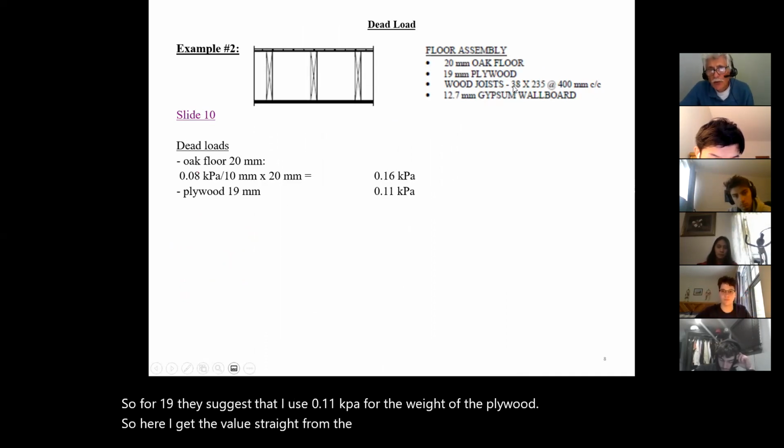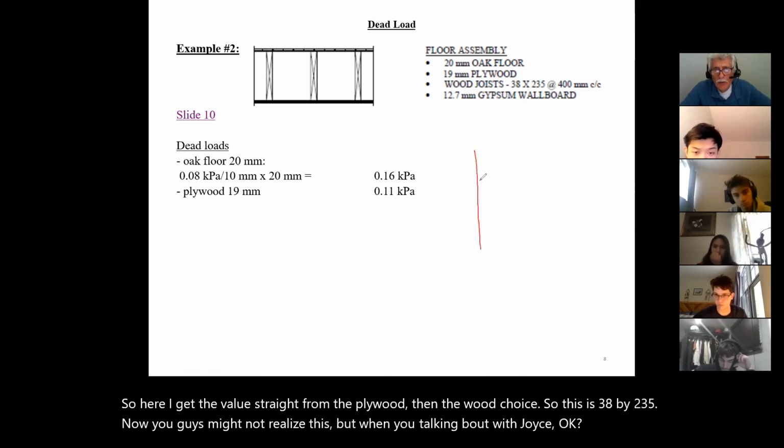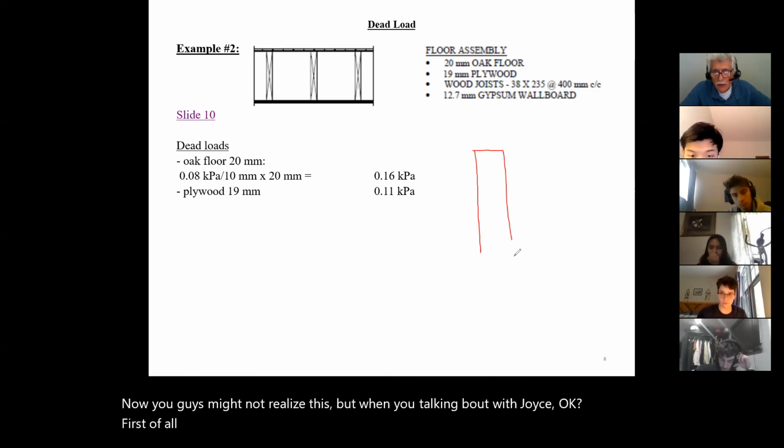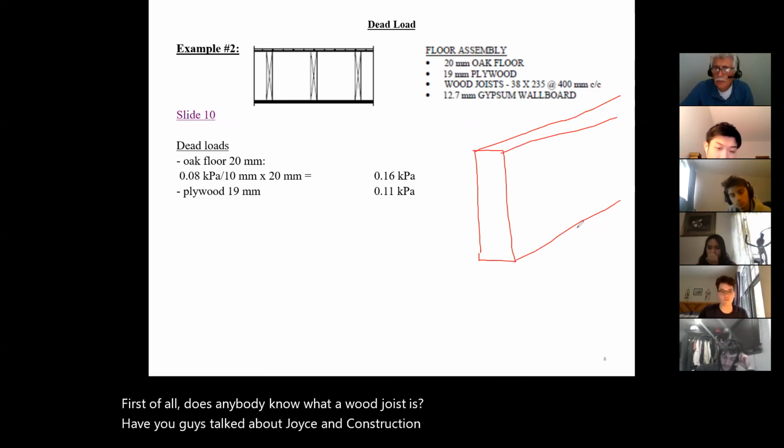Then the wood joist. So this is 38 by 235. Now, you guys might not realize this, but when you're talking about wood joists, first of all, does anybody know what a wood joist is? Have you guys talked about joists in construction 1 and construction 2?